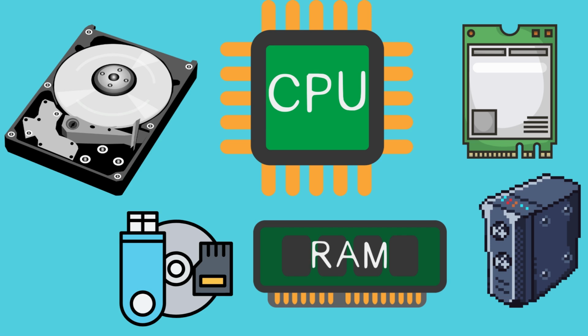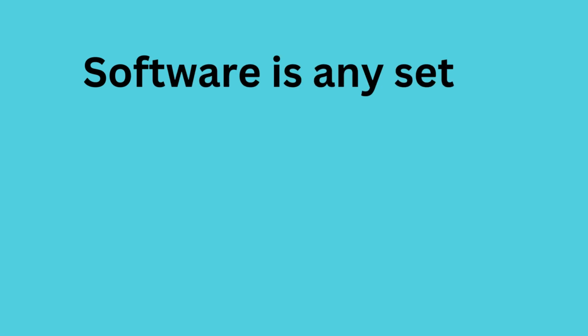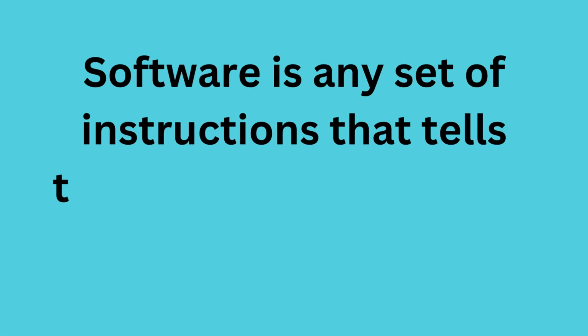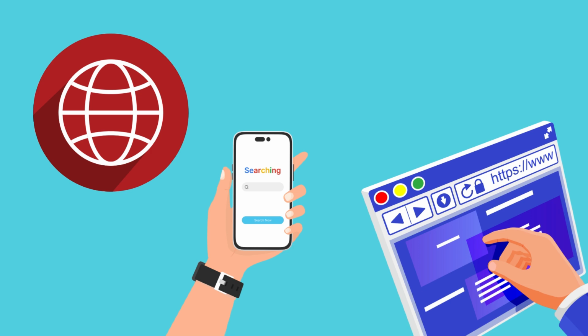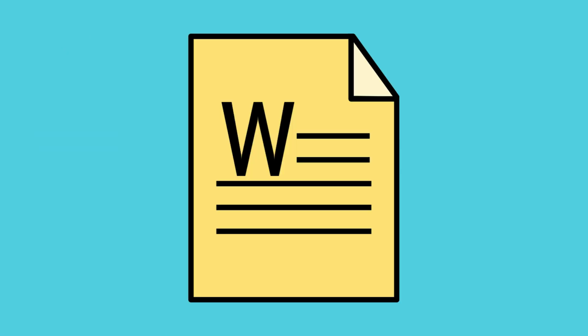It also includes all of the computer's internal parts, which you can see. Software, on the other hand, is any set of instructions that tells the hardware what to do and how to do it. Examples of software include web browsers, games, and word processors.